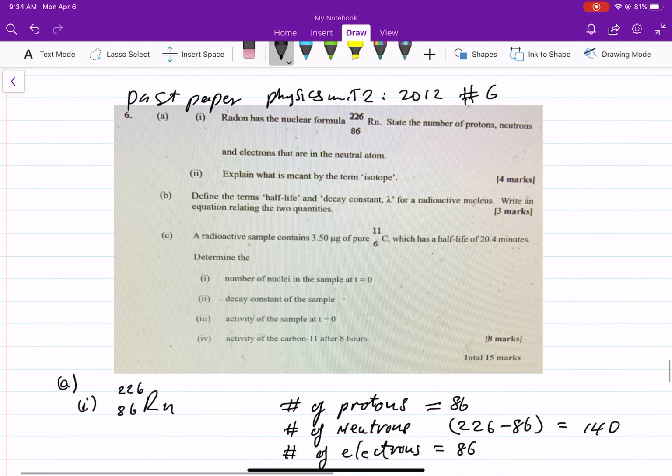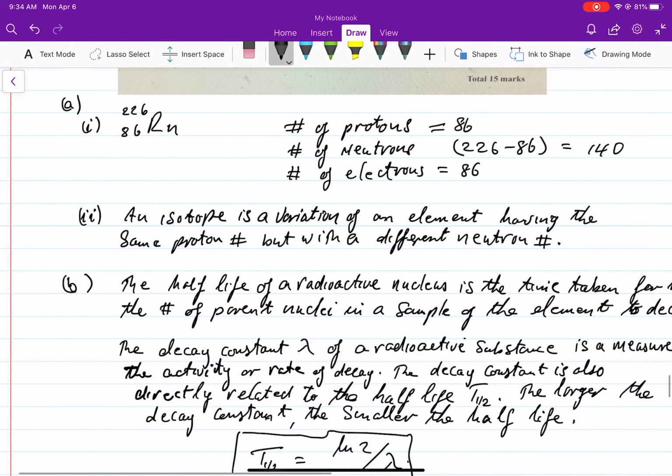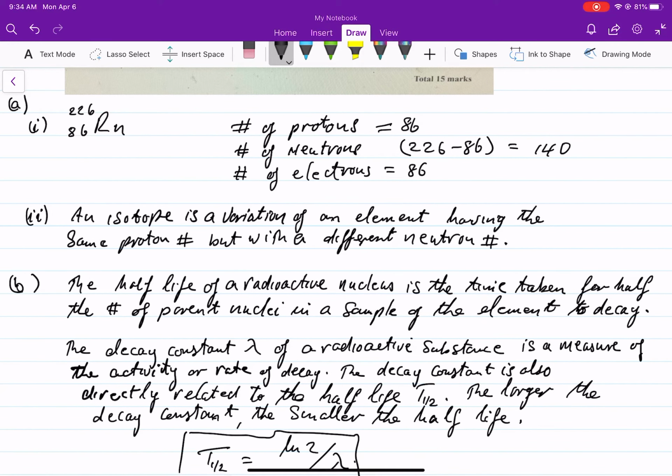The next thing they were asking for is to explain what is meant by an isotope. Again, these are general knowledge things that you would have picked up along the way. I'm going to go through it in a separate tutorial though. An isotope is a variation of an element having the same proton number but a different neutron number. Carbon is a good example. You have carbon 11, carbon 12, carbon 14, but each one of those carbons has six protons.